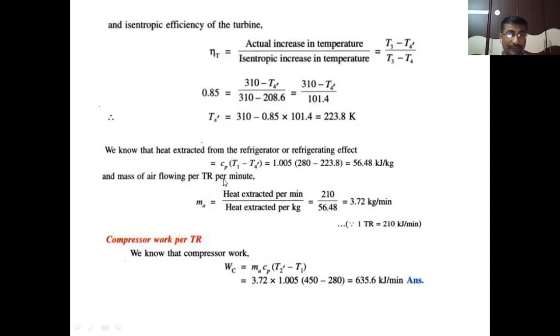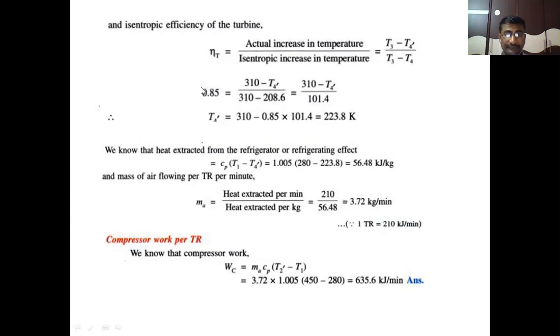Mass of air flowing per ton of refrigeration per minute, MA. We know the heat extraction per minute is 210 kilojoules per ton. For every ton of refrigeration, 1 ton value is 210. Heat extracted per kg is 56.48. MA into heat extraction per kg is equal to total heat extraction per minute per ton.